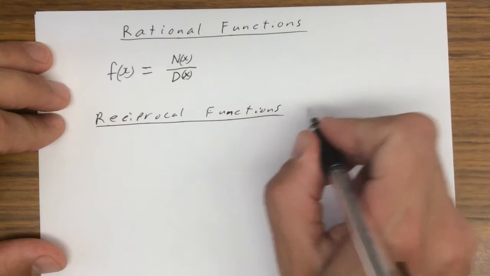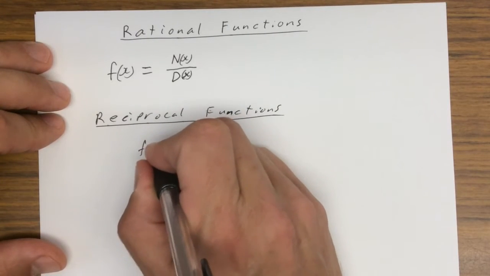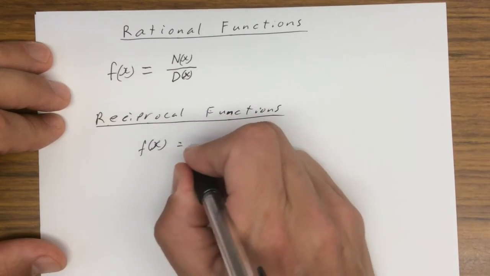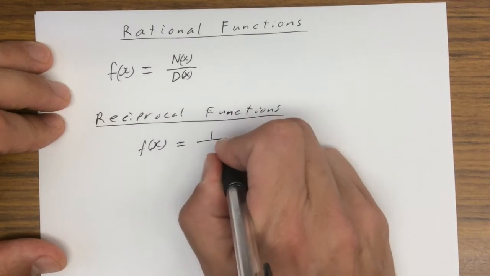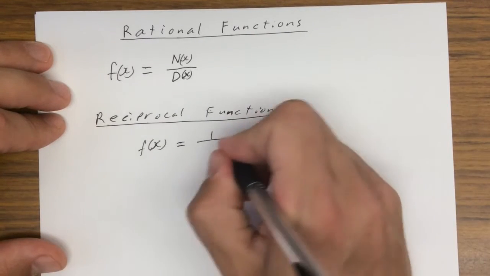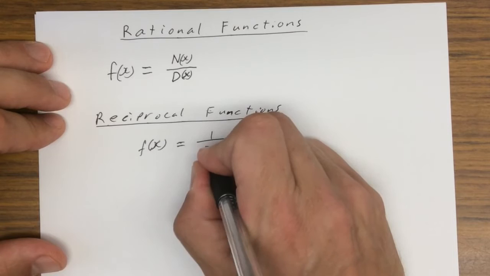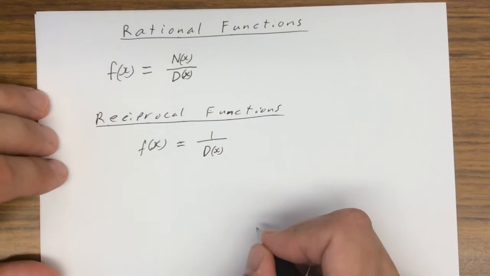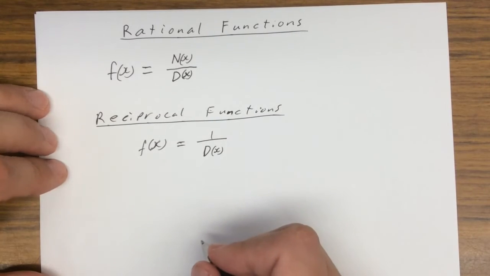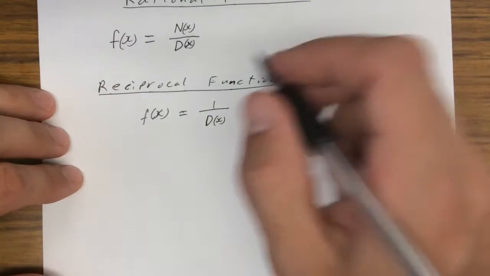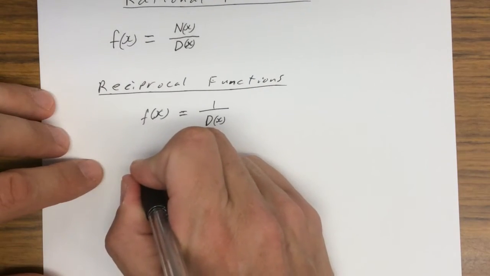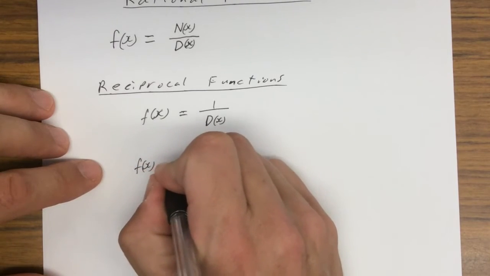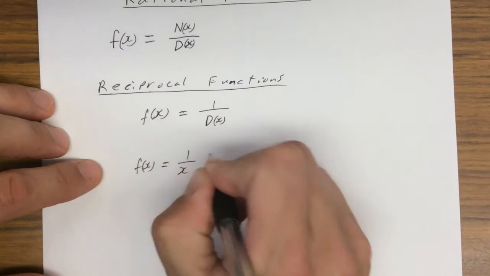So reciprocal functions are ones that look like this: f of x equals 1 over some denominator. The most simple reciprocal function is this one: f of x equals 1 over x.